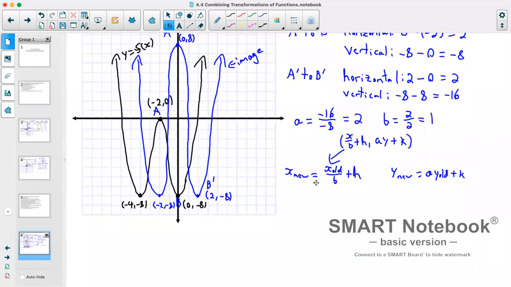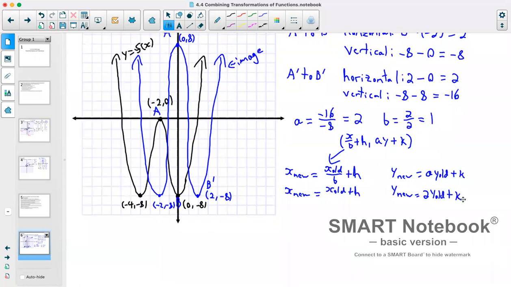So if we substitute in what we know so far, we have x new is equal to x old over 1, which is just 1, plus h. Our y new is equal to our a value of 2 times our y old plus k.